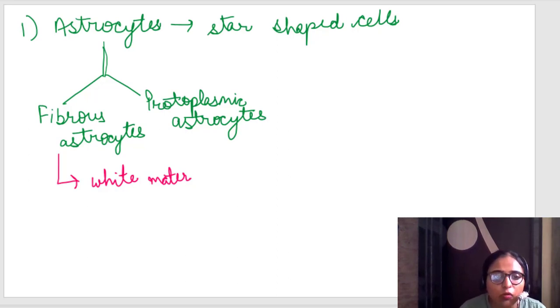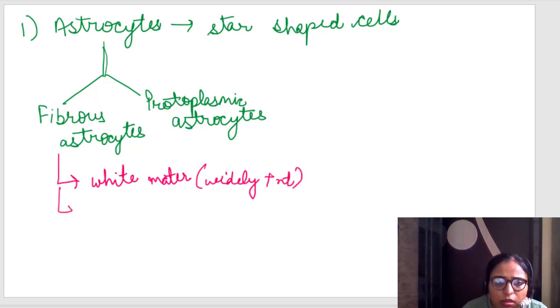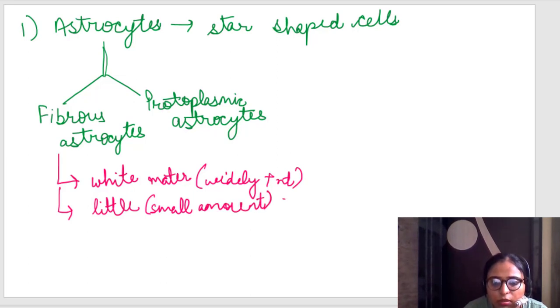So if I talk about the fibrous astrocytes, they are widely distributed in the white matter, right? And we know where they are present. They are present in the brain and the spinal cord, meaning they are present centrally, because they are a division of the central glial cells. The second point is that a little, meaning a small amount, is also present in the gray matter.